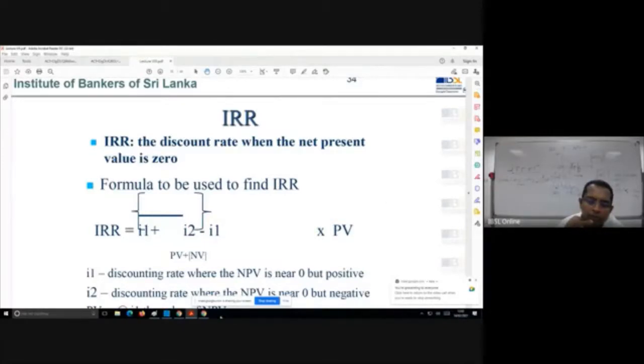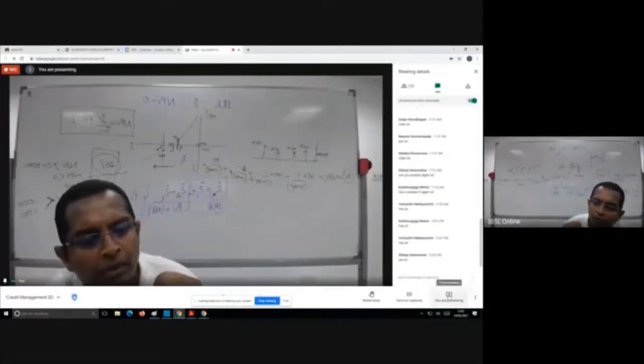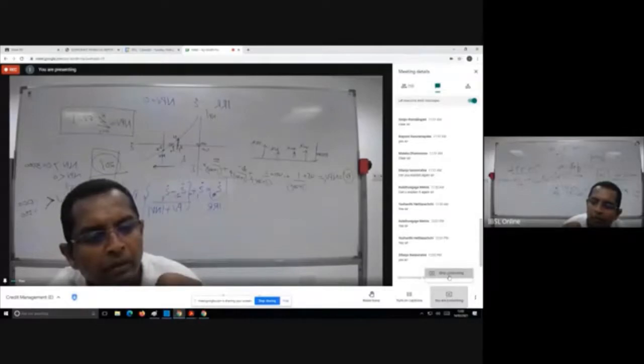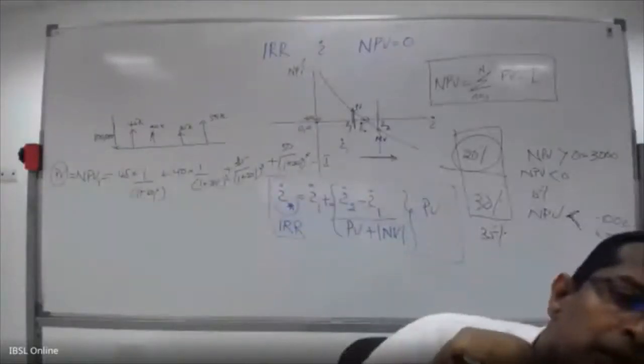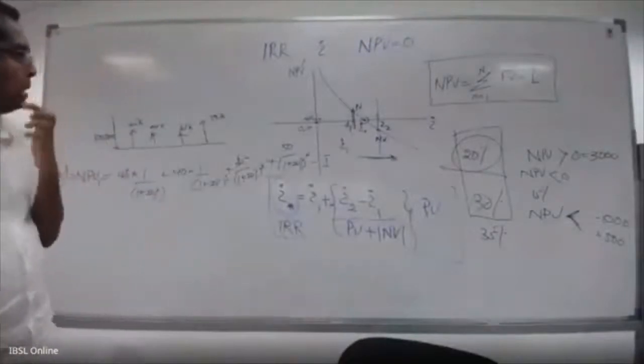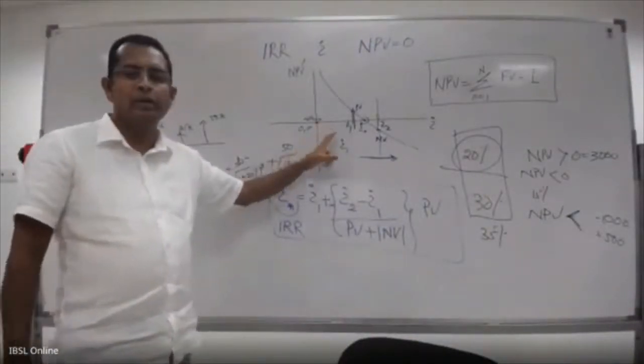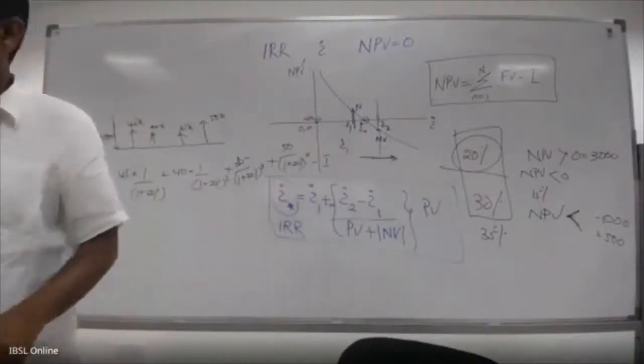I'll give you 1 minute to look at the board and write it down if you have not written it properly. This is the equation. This equation you have to write it down. And this graph. It is not there on your handout.